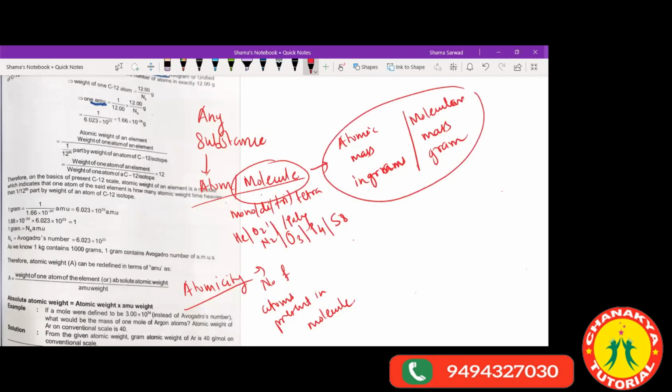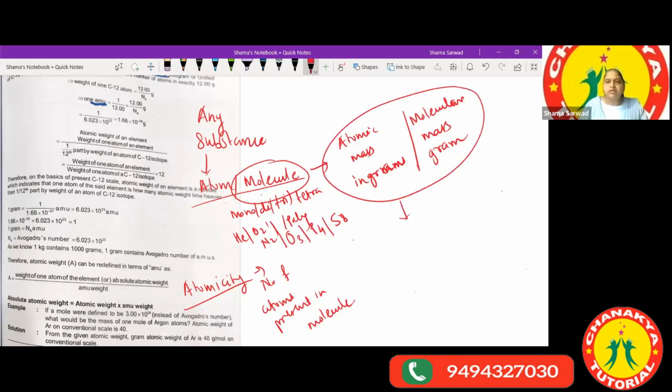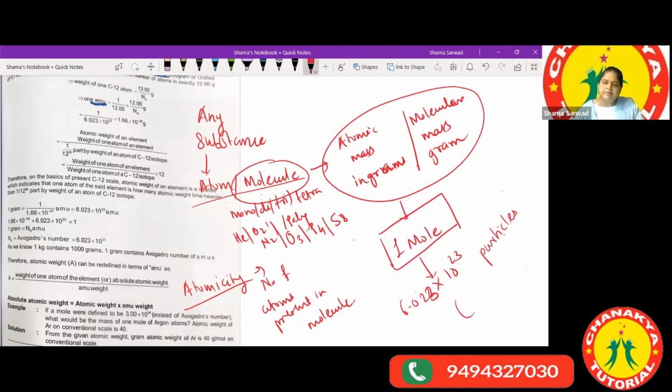This is nothing but 1 mole of that particular substance, and it consists of 6.023 into 10 raised to 23 particles. These particles are atoms, molecules, or ions. Clear?